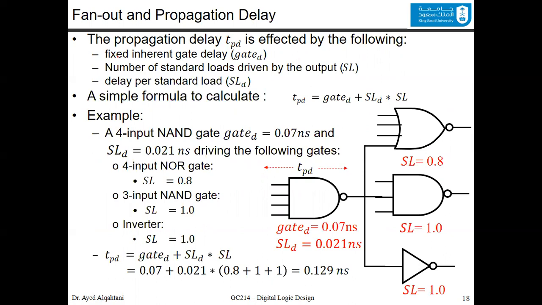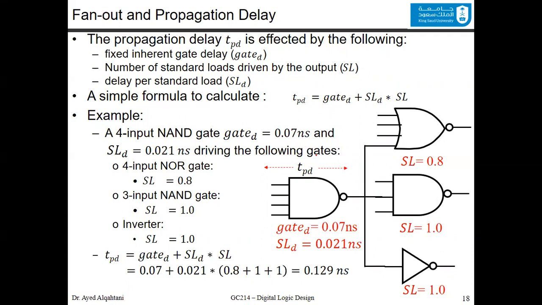There is an inherent gate delay, gate D, and a number of standard loads driven by the output, which is SL, standard load, and we have the delay per standard load, which is SLD, for delay. The simplest formula that we can use to calculate the propagation delay is this inherent gate delay plus the standard load delay times each standard load.